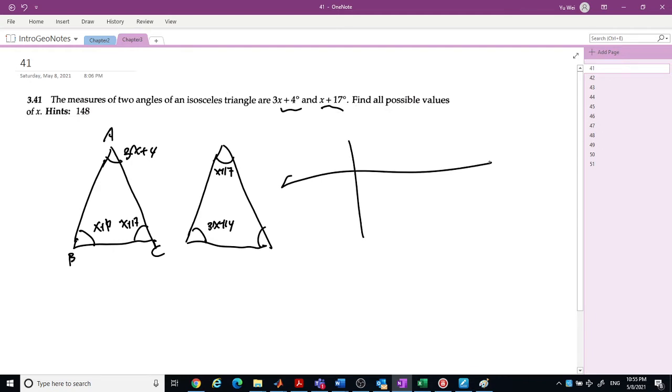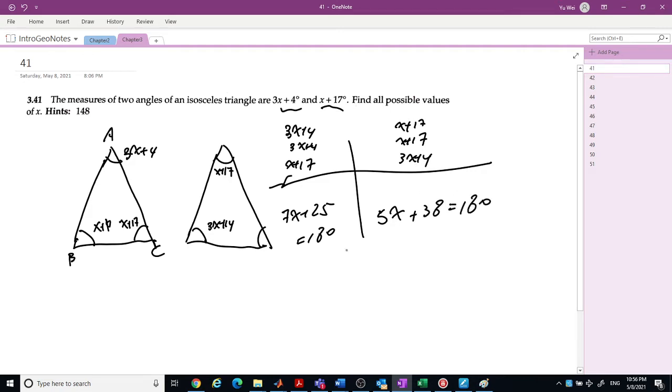So basically we have two cases. The first case is 3x plus 4, 3x plus 4, and x plus 17. The second one is x plus 17, x plus 17, and 3x plus 4. So you can just solve the equations. Here we have 7x plus 25 equals 180, and here you have 5x plus 38 equals 180.